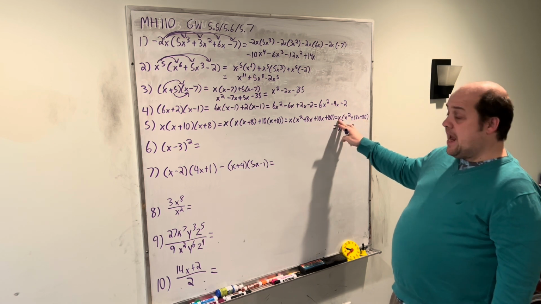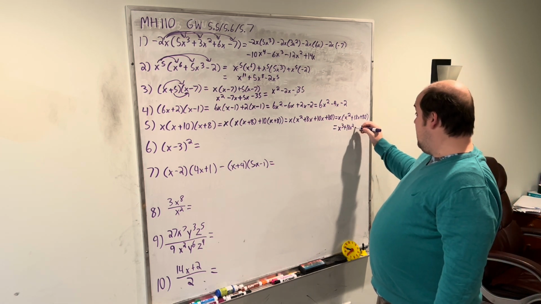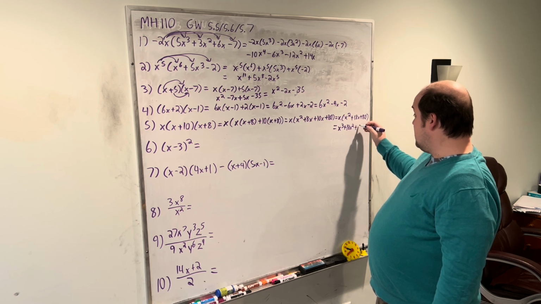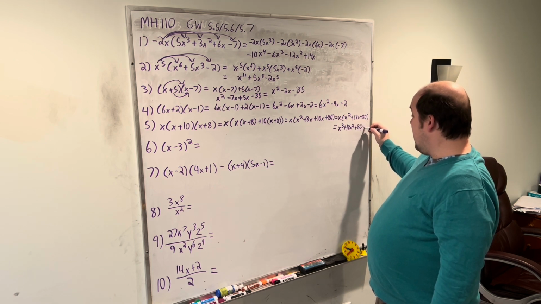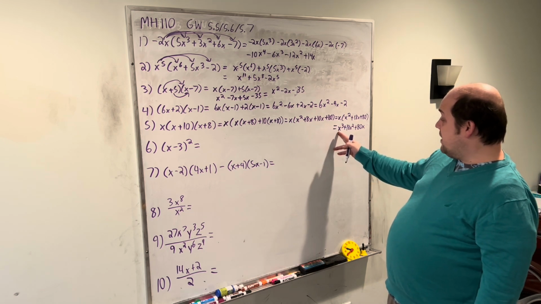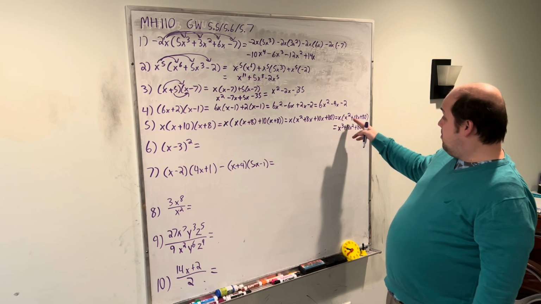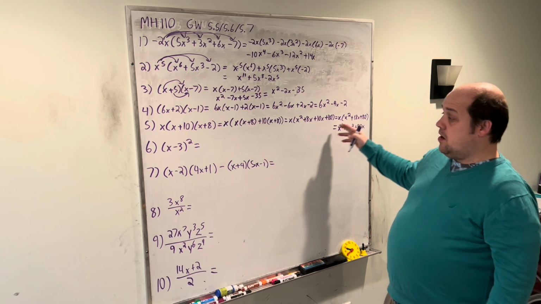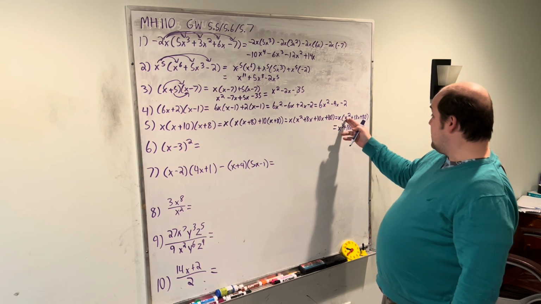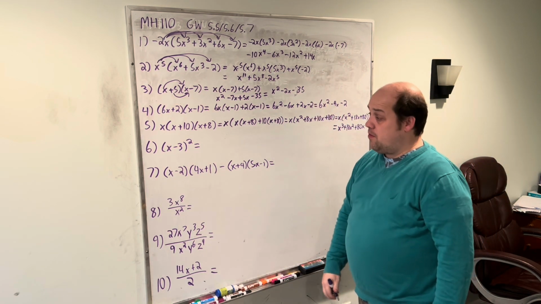Finally, when I multiply 80 by x, there's nothing to combine with as far as another exponent on the same base. So I just leave it as coefficient 80 times the x. So my final answer is x cubed plus 18x squared plus 80x. Basically, the answer that I got from doing double distribution, x squared plus 18x plus 80, with everything raised by 1 power of x.